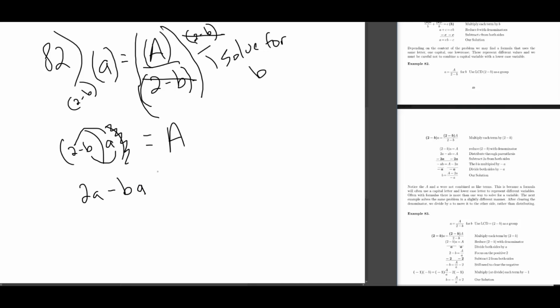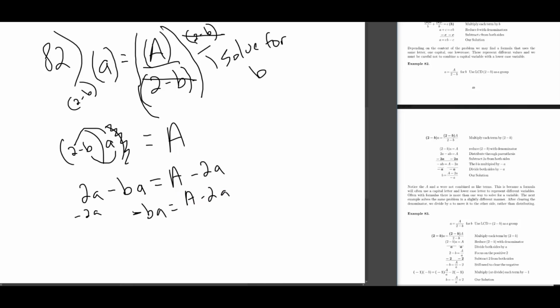All right? We're looking good. That equals A. Now, how are we going to do this? Well, we're solving for b, so we can subtract 2a on both sides. So now I'm left with minus ba equals A minus 2a.